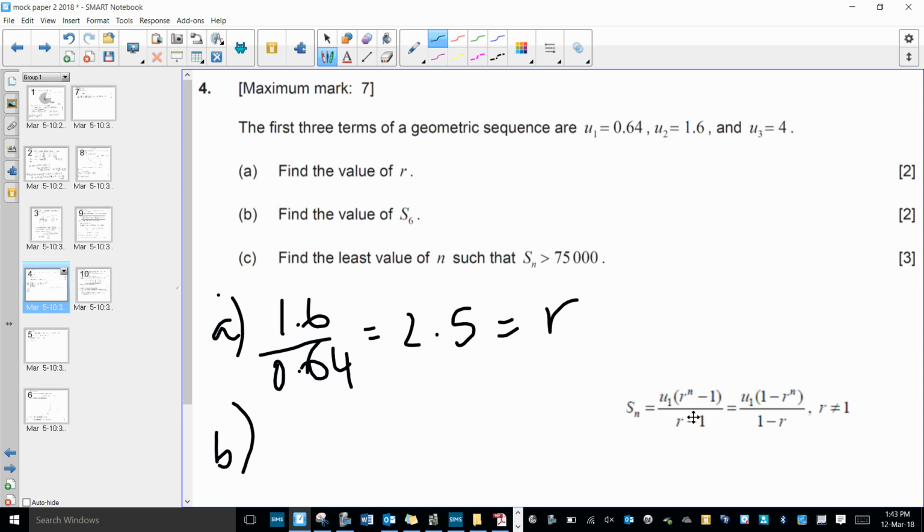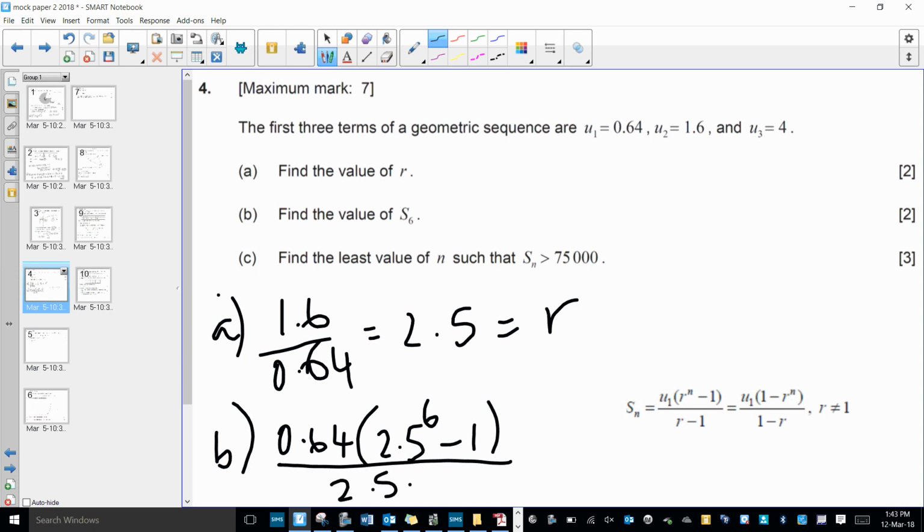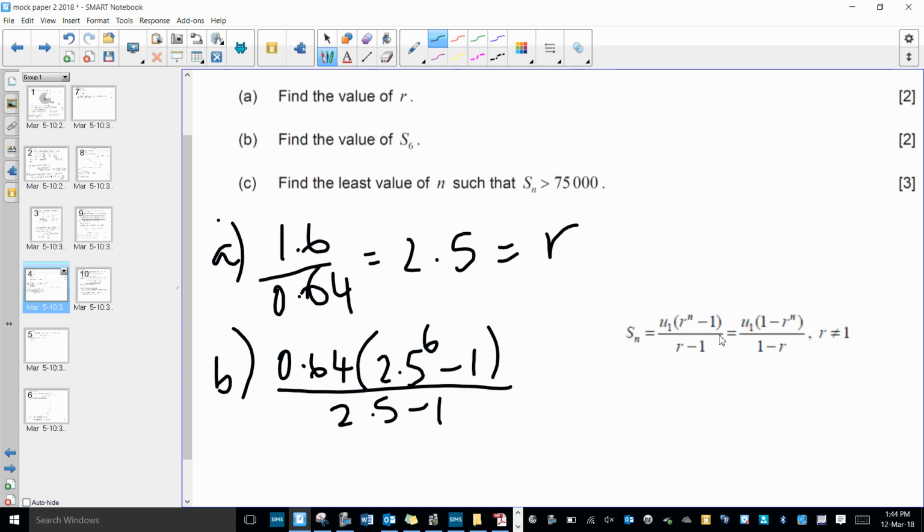So we know that U1 is 0.64, we know that R is 2.5 to the power 6, then 6 minus 1 over 2.5 take away 1. You can use either format, both will be the correct answer, but it's just easier to use this one because R is greater than 1. Stick that in the calc.